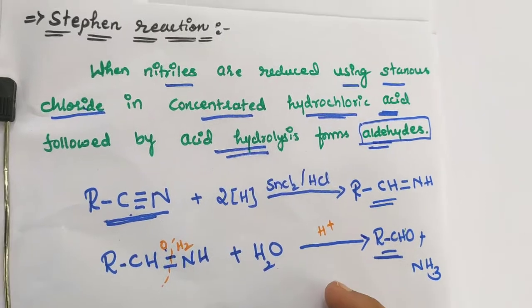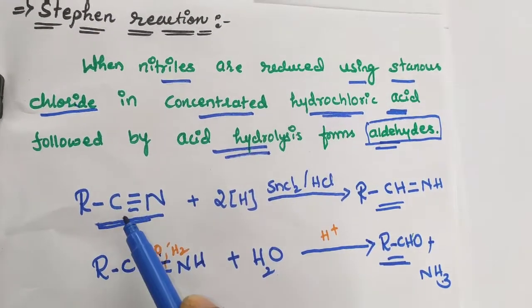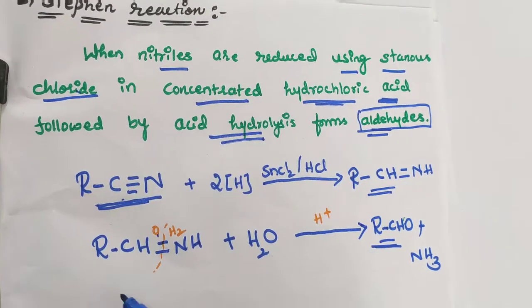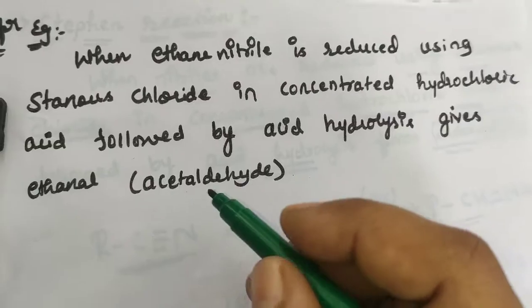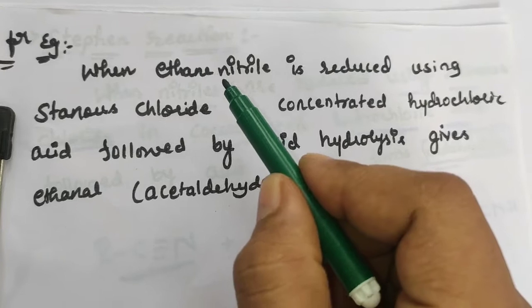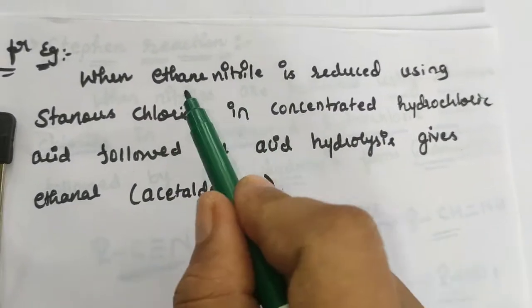Now let us take examples, using some other compound in place of RCN. We are going to take some examples. Here we take an example for the Stephen reaction. In place of R, we take a specific number of carbon atoms.